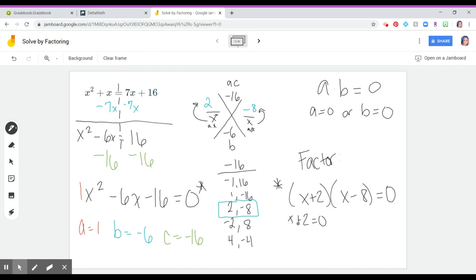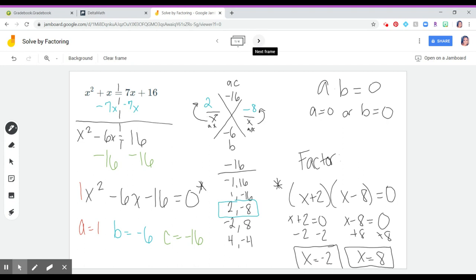So in this case, x plus 2 is acting as the A, and x minus 8 is acting as the B. And we solve. So I'll subtract 2. So x equals negative 2. Add 8. So x equals 8. So we get 2 solutions. That's how you solve.